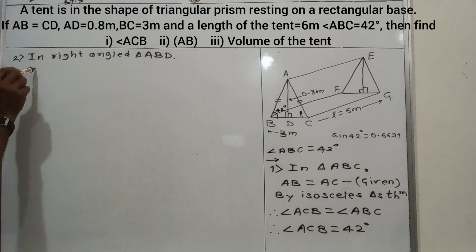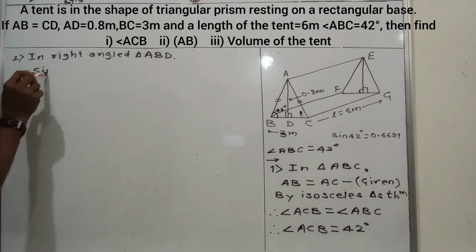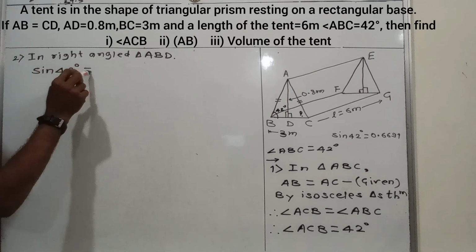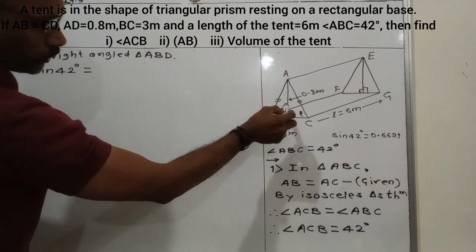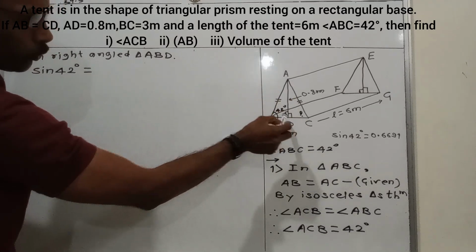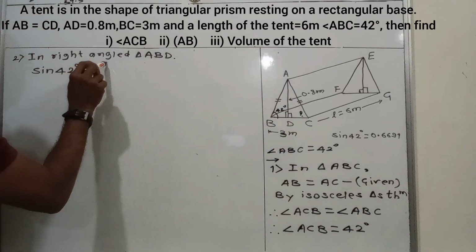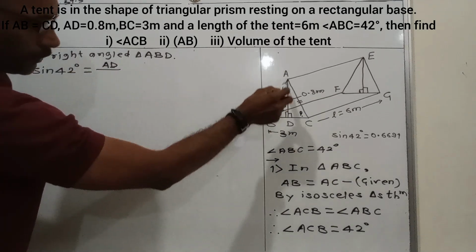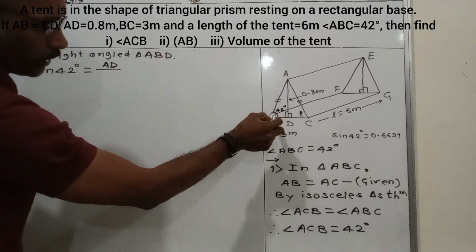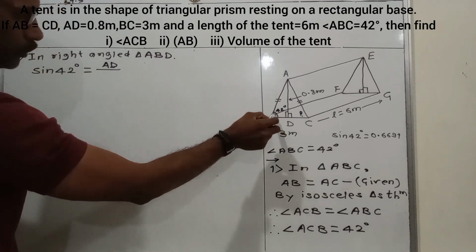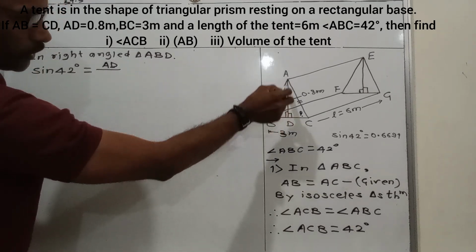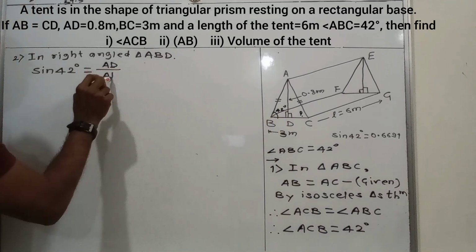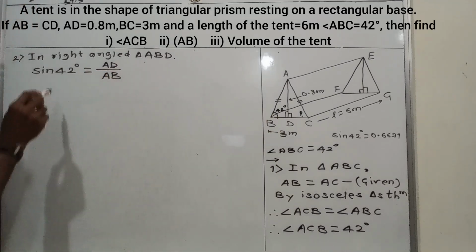So we apply the trigonometric ratio. Sin 42 degree is equal to the opposite side over the hypotenuse. The opposite side of the 42 degree angle is AD, and the hypotenuse is AB.